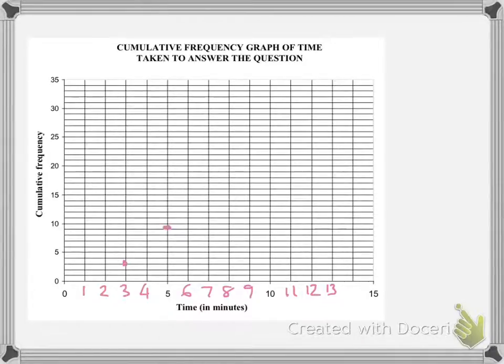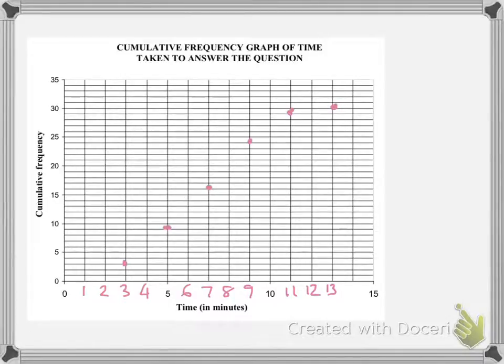In line with 7, we need a 16. So I'm just reading this off the table from the previous page. In line with 9, we need a 24. In line with 11, we need a 29. And then in line with 13, we need our 30, so it's at the top there.